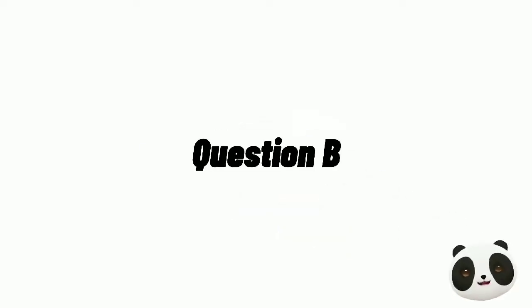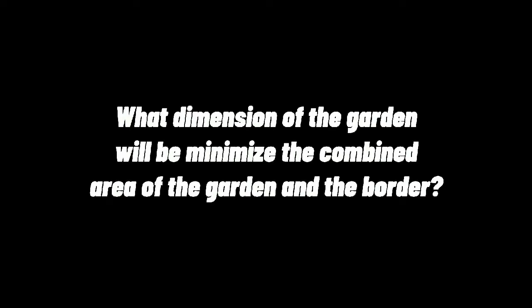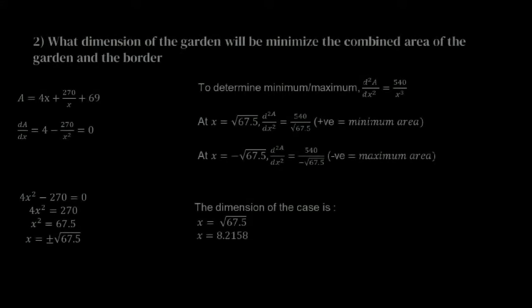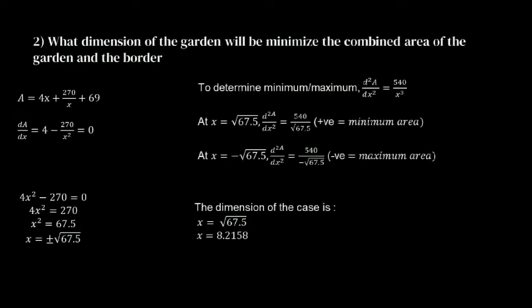So, question B. What dimension of the garden will minimize the combined area of the garden and the border? In order to find the dimension, we need to find the value of x. So, how to find the value of x? We need to differentiate the equation that we got from question A, which is area equal to 4x plus 270 over x plus 69.